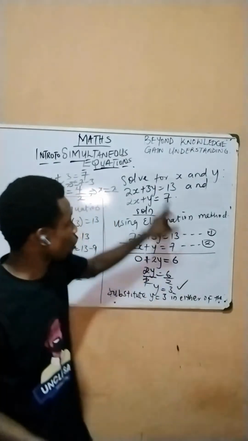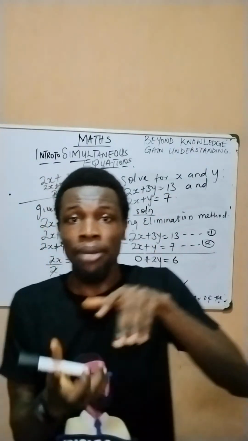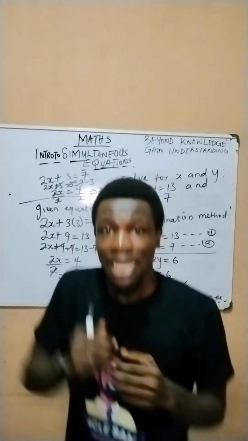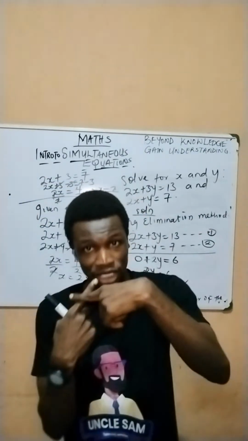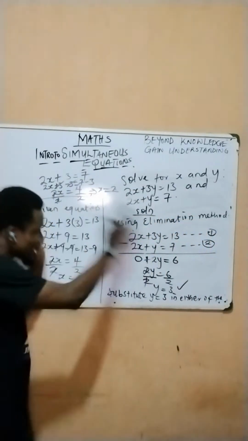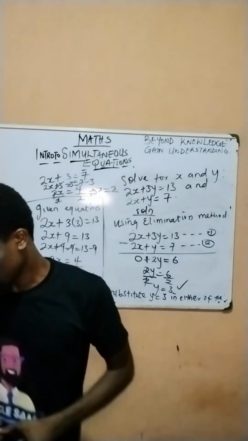And so now when we have two straight line equations and we're asked to solve both at the same time, what you're seeking to do is to find the x coordinate and the y coordinate at the point of them crossing each other. That is the basic idea of what simultaneous equation is all about. And this is the summary of what elimination method is all about.